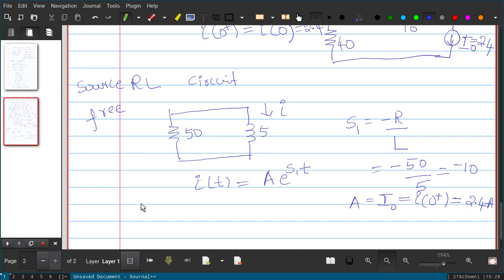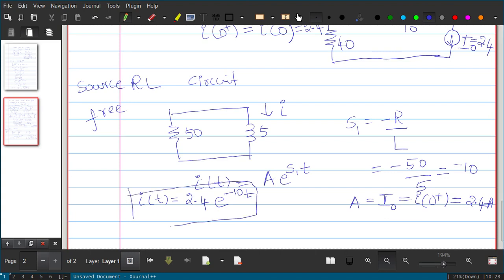So the response will be I of t equal to 2.4 into e power minus 10 t. This is the solution for this RL circuit. What does it mean? The current through the inductor exponentially decays with the initial value 2.4. At time tending to infinity, it will be 0.